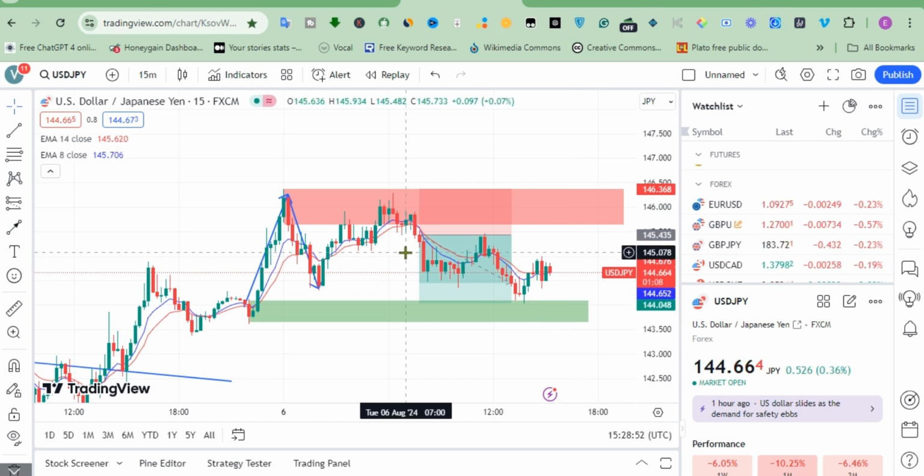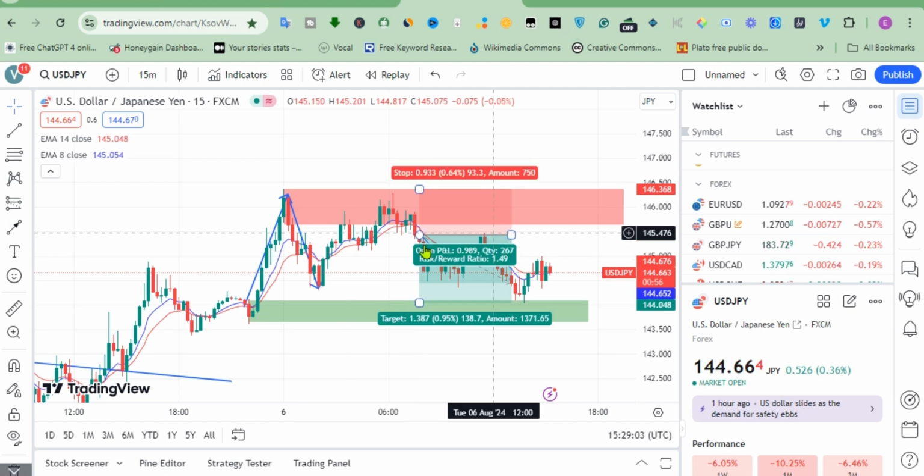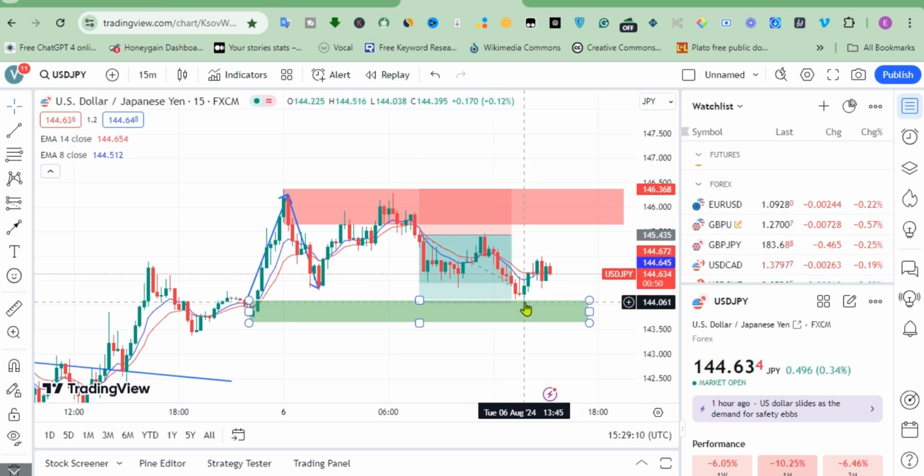What we are doing is technical analysis. They call it technical analysis. We enter the market at this point and take profit at this point. It touches this place and we take our profit. That's a simple way to do it.